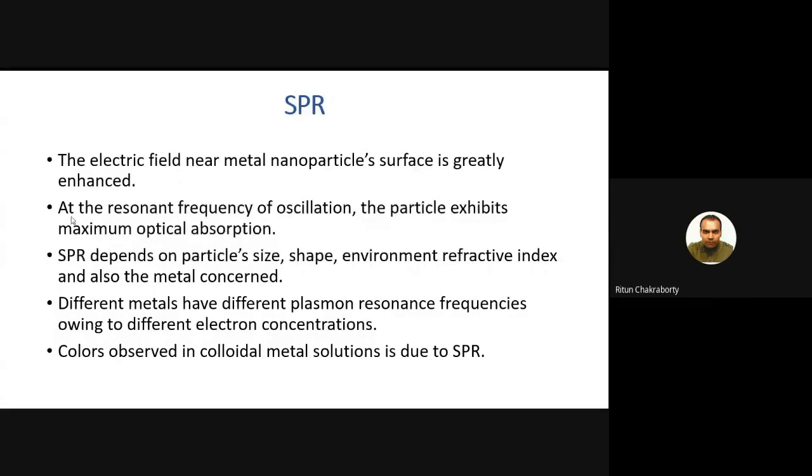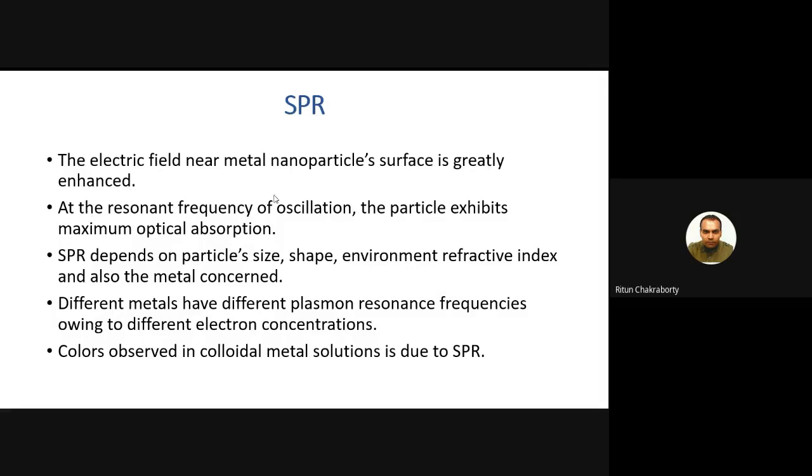Greatly enhanced because electrons move away from the positively charged particles, so there is a separation of charge carriers. Then what happens? An electric field is generated, and generation of the electric field leads to the electric field being enhanced near the metal nanoparticle surface.